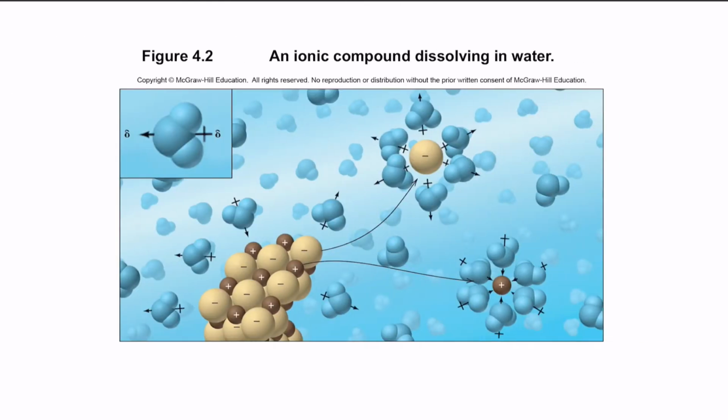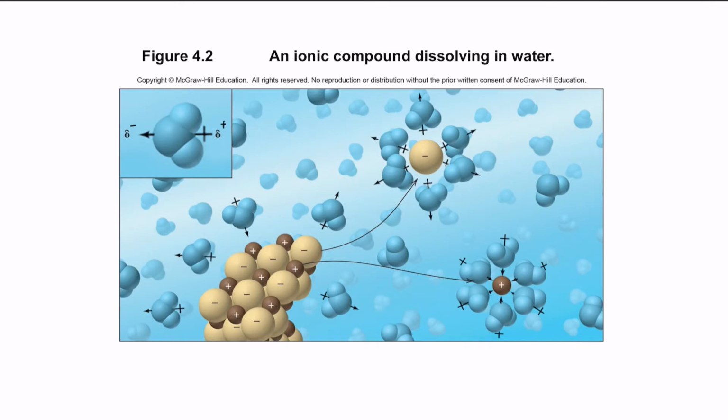So what this polarity does is cause water to dissolve ions. When you dissolve an ionic compound in water, notice that this is the partial negative charge and this is the partial positive charge.